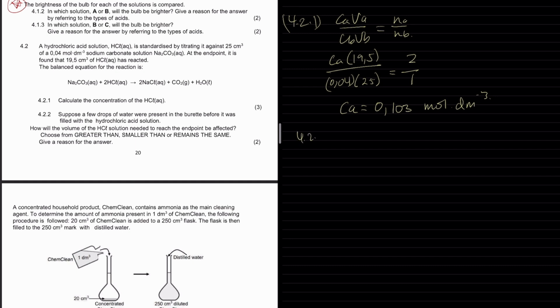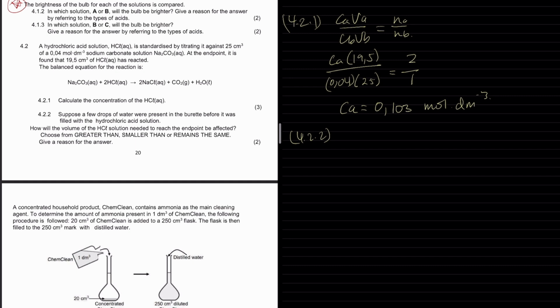Okay, 4.2.2. Suppose a few drops of water are present in the burette before it was filled with HCl. How will the volume of HCl needed to reach the endpoint be affected?